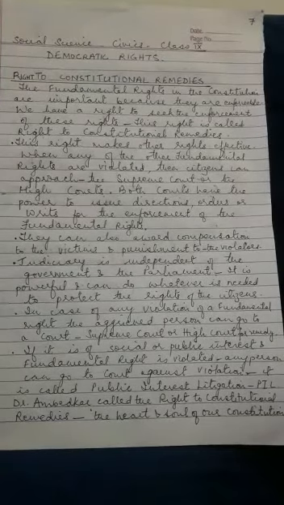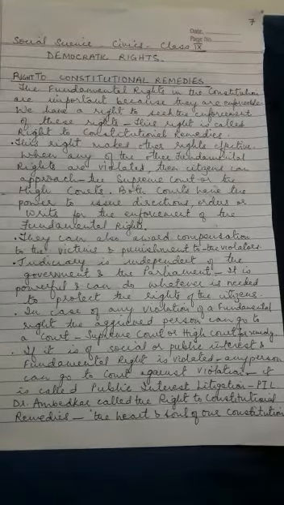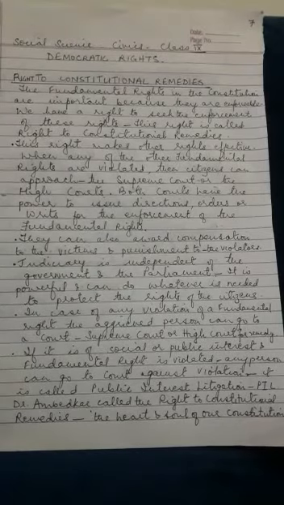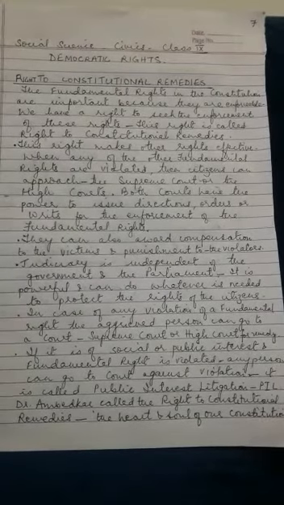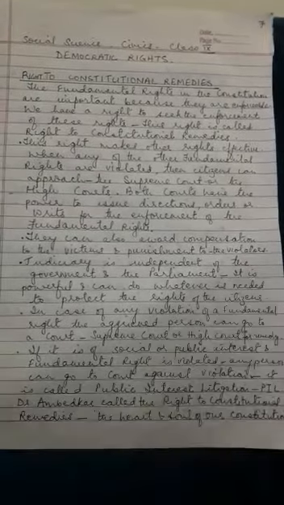Both courts have the power to issue directions, orders or writs for the enforcement of the fundamental rights. That means the court ensures that the fundamental rights are enjoyed by the people.